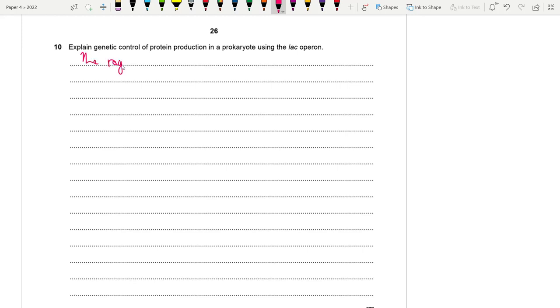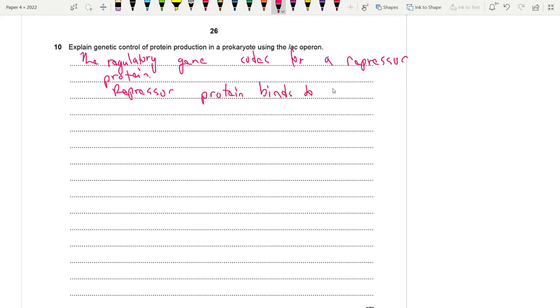The regulatory gene codes for a repressor protein. So what does the repressor do? The repressor protein binds to the operator on the gene.